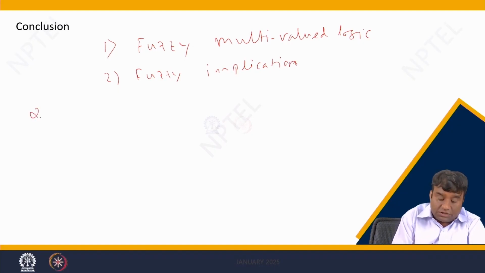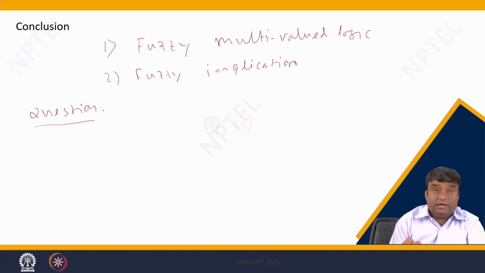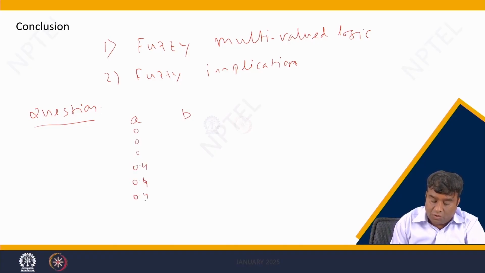So in the questions, you can solve one question like: write the truth value of A and B. So take A as 0, 0, 0, then you take 0.4, 0.4, 0.4, then 1, 1, 1, and B as 0, 0.4, 1, 0, 0.4, 1, 0, 0.4, 1.